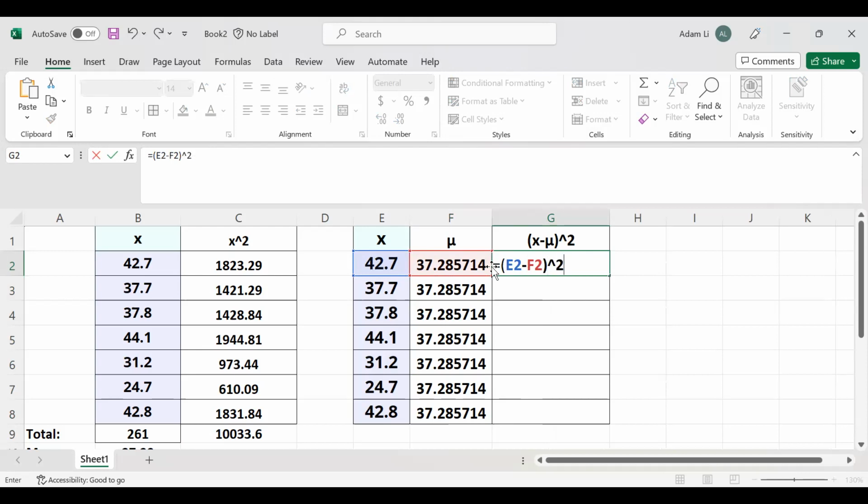Professor, I have a question. Sure, go ahead. I used the same formula, but I took the sum of x minus mu and then squared it, to the second power. Would it be incorrect if I did not do it for every x?